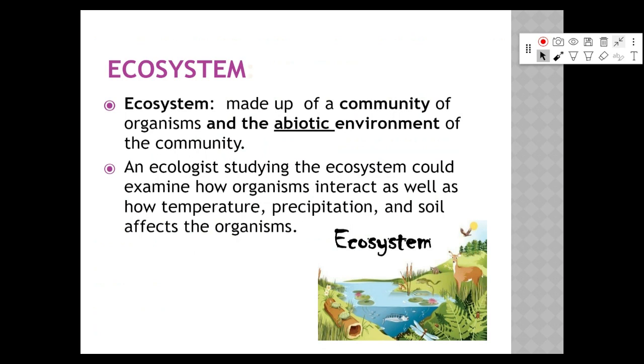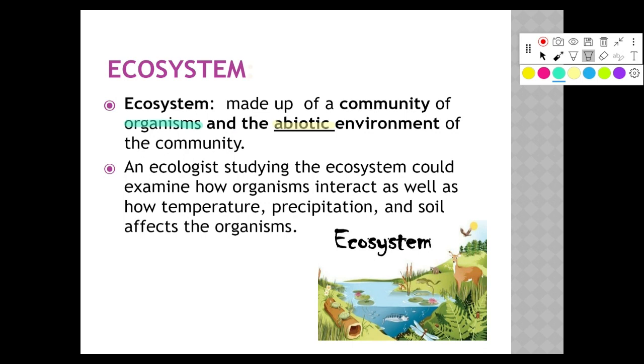When you get here to the ecosystem, you'll see that now they added the word right here and they underlined it. I'll just kind of highlight it for you all right here. But they also put the word abiotic, right? So in an ecosystem, it is made up of a community of organisms. So you have the living things right here, and I'll kind of put that in green, right? Organisms are the living things, and then the abiotic is the non-living, right? So it's all together, community, the biotic and abiotic living together.